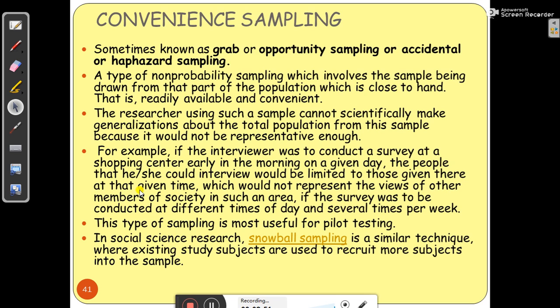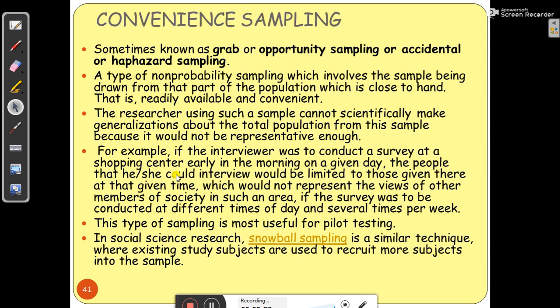Next, convenience sampling, sometimes known as grab or opportunity sampling, or accidental or haphazard sampling, a type of non-probability sampling which involves the sample being drawn from that part of the population which is close to hand, that is, readily available and convenient. The researcher using such a sample cannot scientifically make generalizations about the total population because it would not be representative enough.